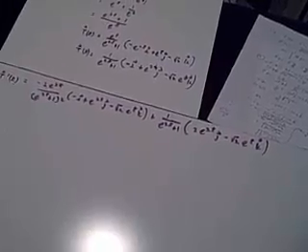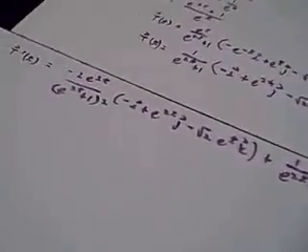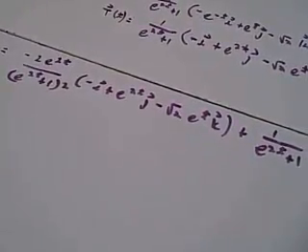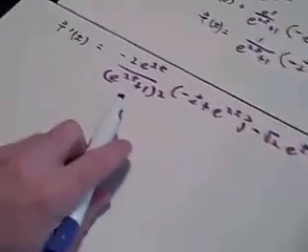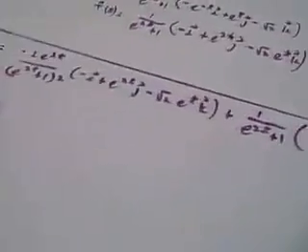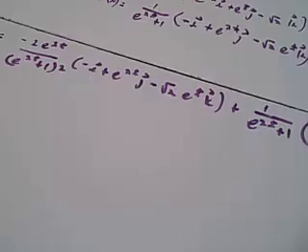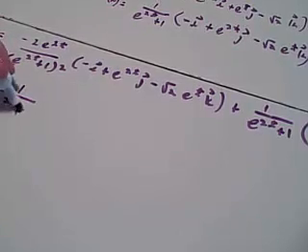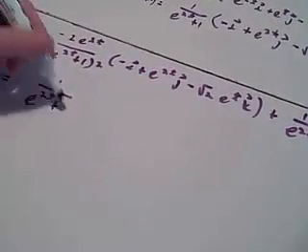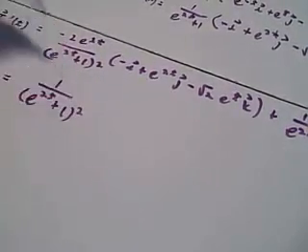So there it all is. The next step, I will factor out e to the 2t plus 1 quantity squared from both denominators here and here. So on the outside I'll have 1 divided by e to the 2t plus 1 quantity squared.